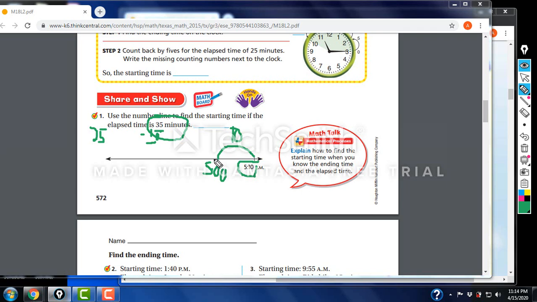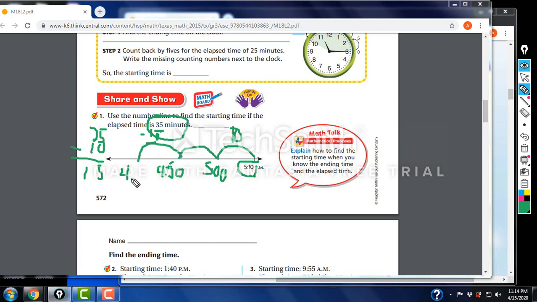So from 5 o'clock, if I go 10, it's 4:50, right? So subtract 10 here. I'm left with 15 more, so I could jump another 10. What was my time here? Oh, 4:50. Go back another 10.